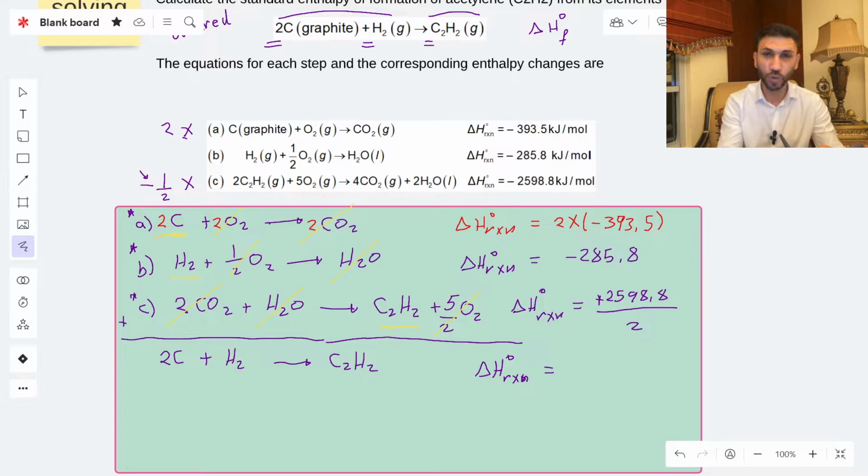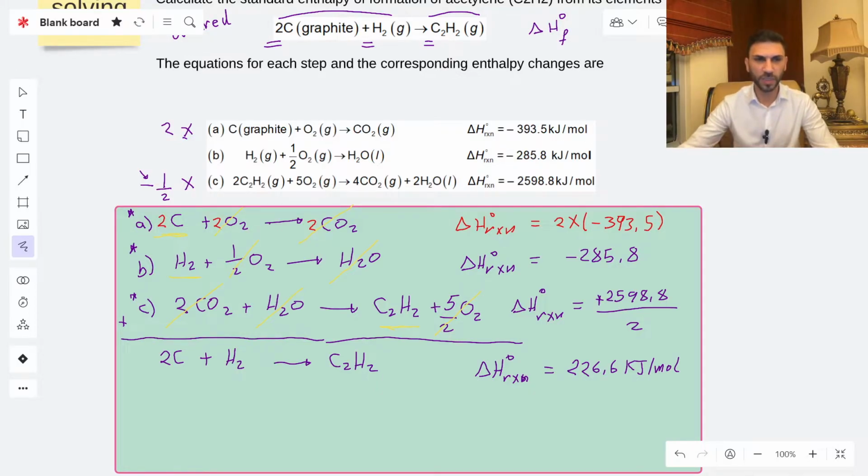I want you guys also to double check with me. And the final answer should be 226.6 kilojoules per mole. This is how we solve this problem.